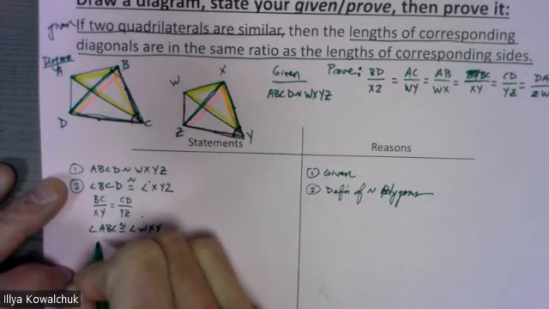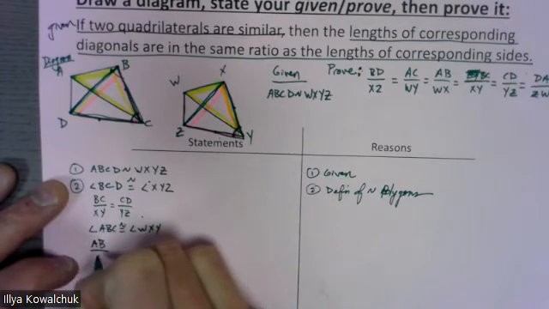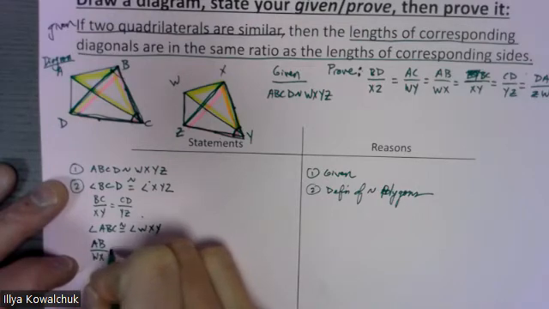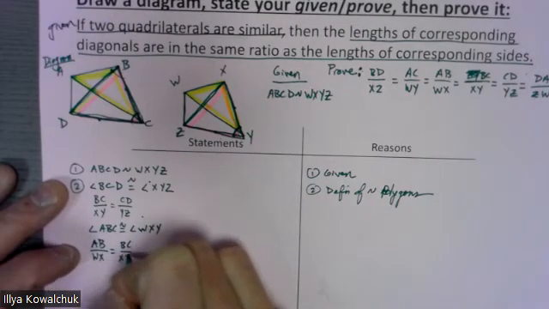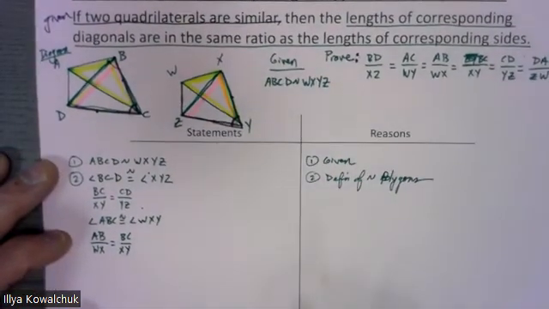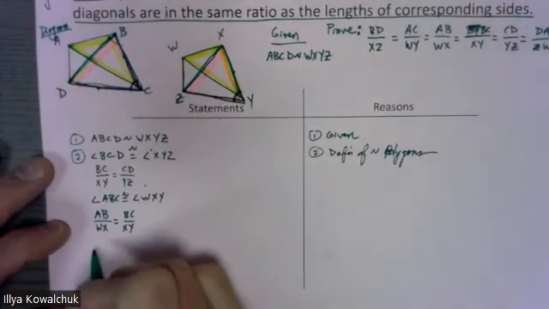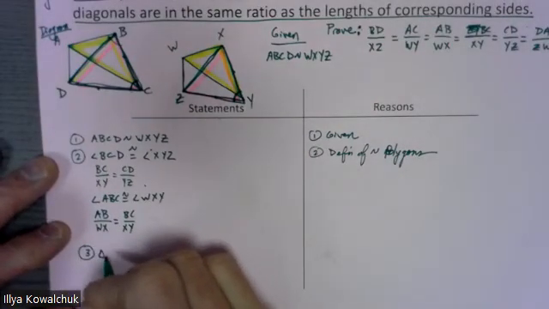And I'm also going to say AB is to WX as BC is to XY. And all of that falls under the definition of similar polygons. So now we can say the two triangles are congruent, or similar. I did it again.